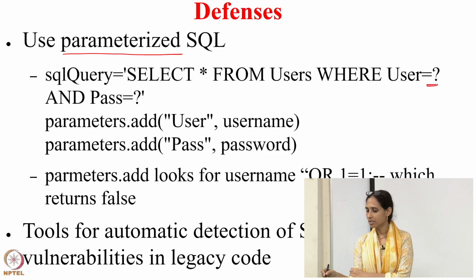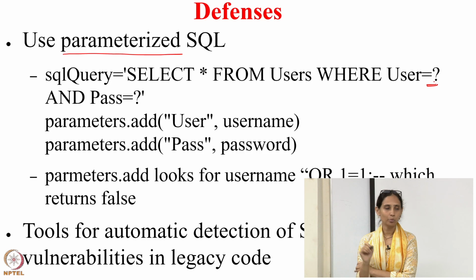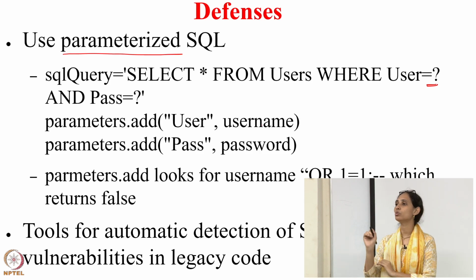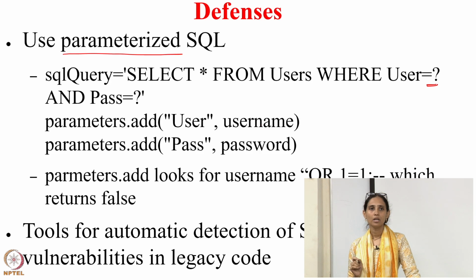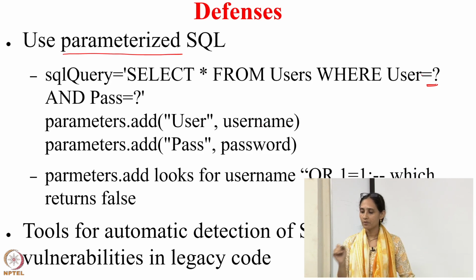In the past you have seen that I have taken the user input and password input directly. You don't write code like that, you write code like this, where it will first query whether someone with that username is there or not. If that failed, this query will also fail.